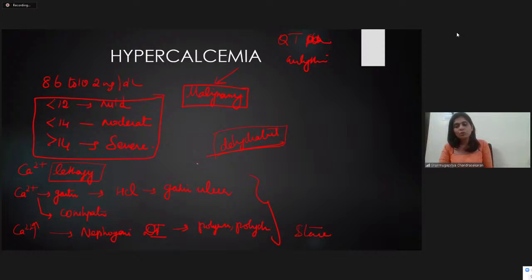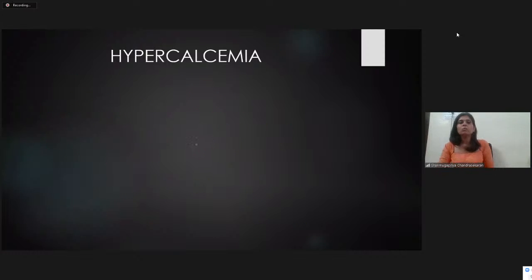And then coming on to causes, as I said, the most common cause of hypercalcemia in an inpatient would be malignancy, because as far as malignancy is concerned, the rate of onset of hypercalcemia is faster. And what are the causes of malignancy presenting as hypercalcemia?